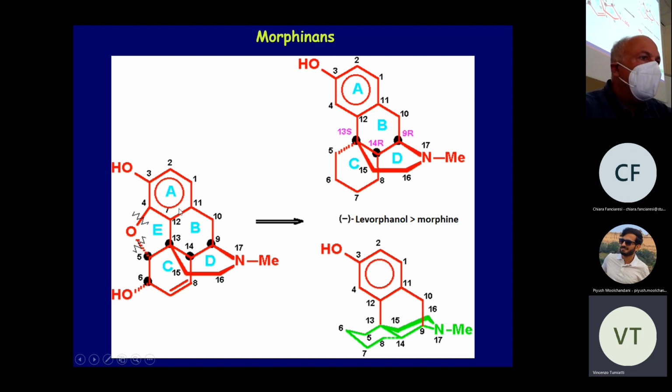And we start from the 4,5-epoxymorphinane, and we go to morphinane without 4,5-epoxy, you see. There is no more the oxygen bridge.